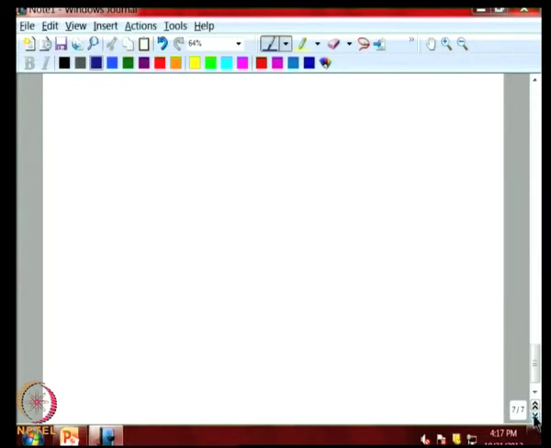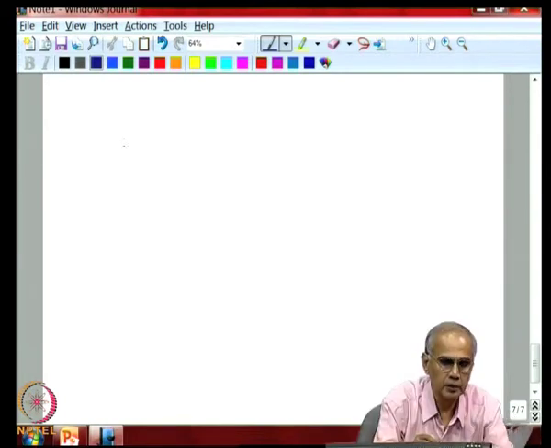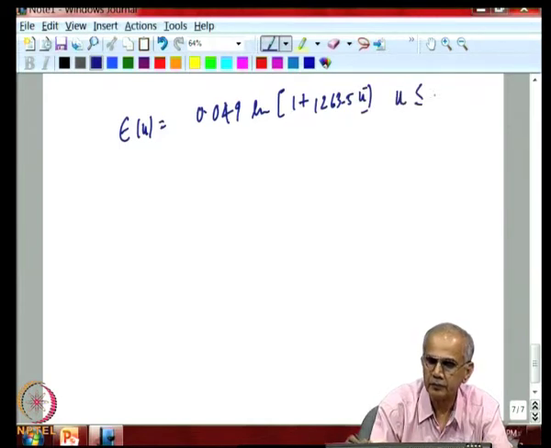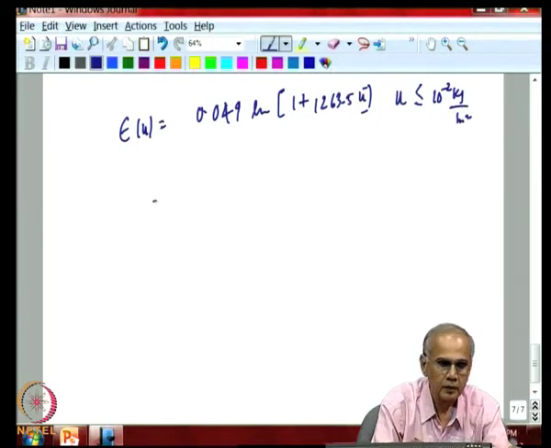And from laboratory data, one could get values like epsilon(u) equals 0.049 log(1 + 1263.5 u) for u less than or equal to 0.056.